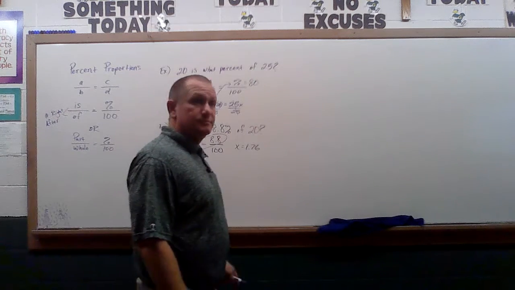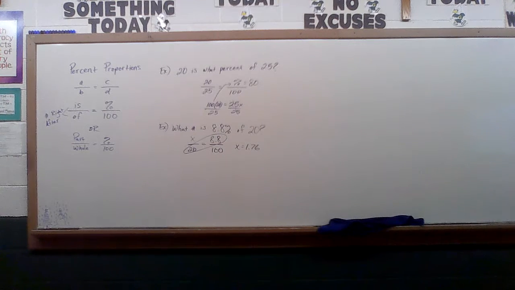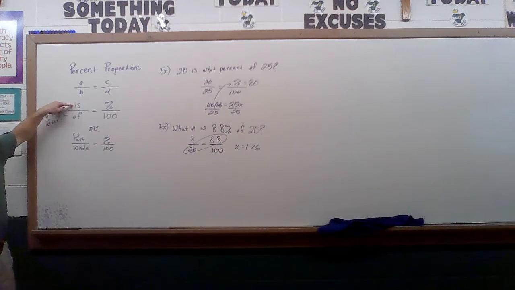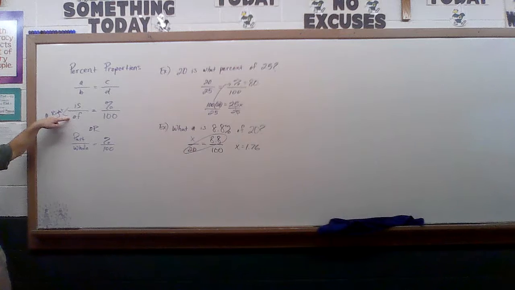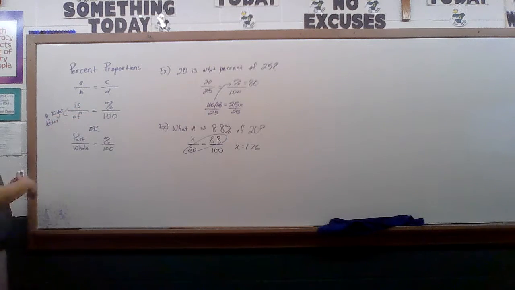If you're trying to find something that's larger than, like if it's 120 over 100. Exactly right. So the only time this number is bigger than the of number is if my percent is over 100%. If it's under 100%, the top number should always be smaller than the bottom number.